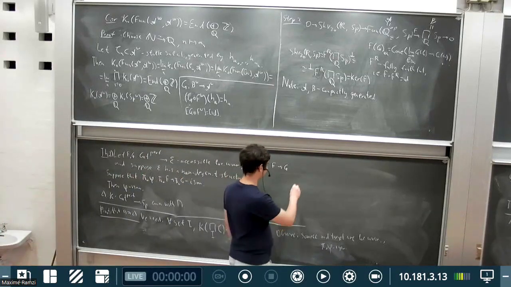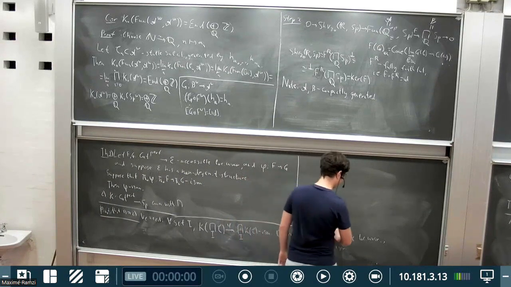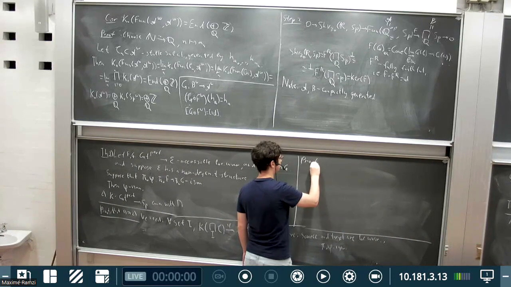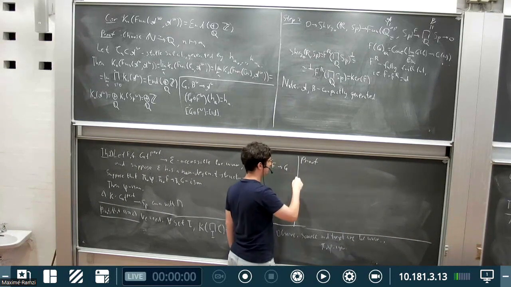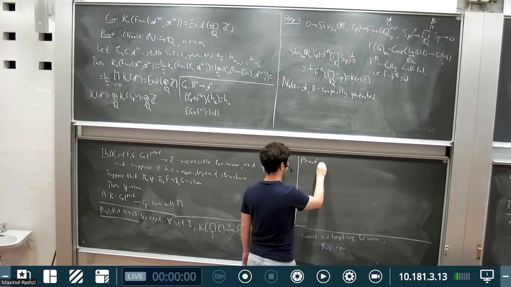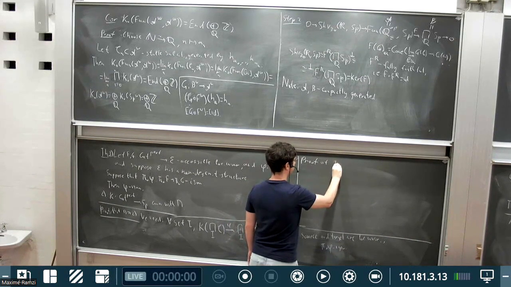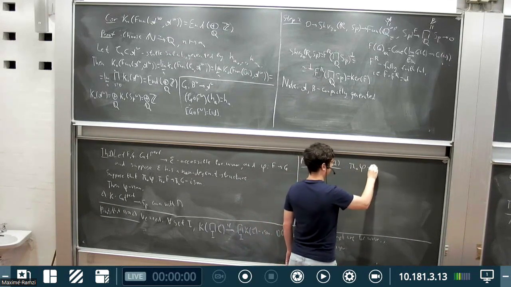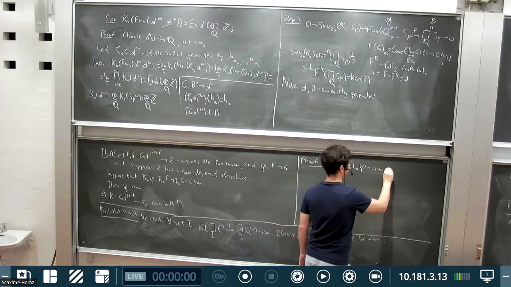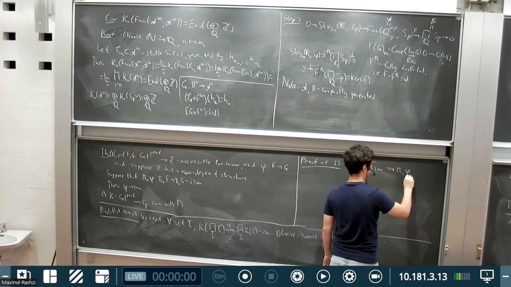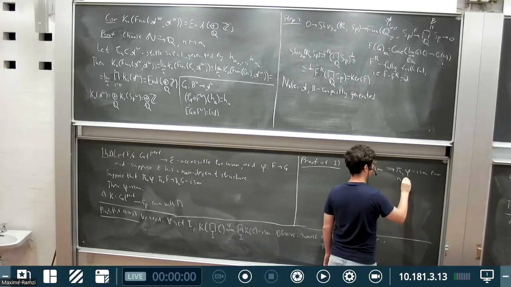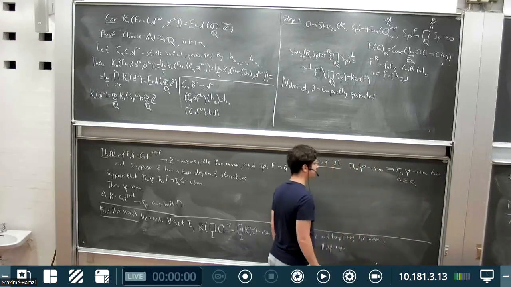But now to prove part one, you simply use the counting construction and the statement about shifts. So the fact that pi 0 is an isomorphism implies that pi n is an isomorphism for n non-positive.